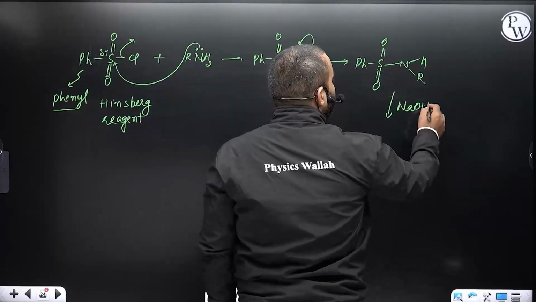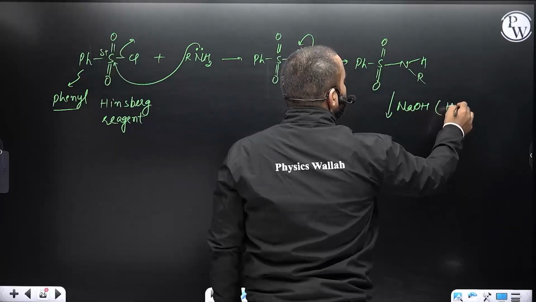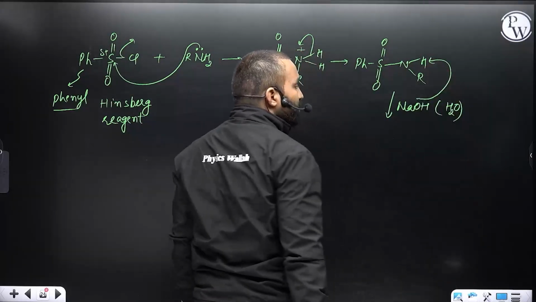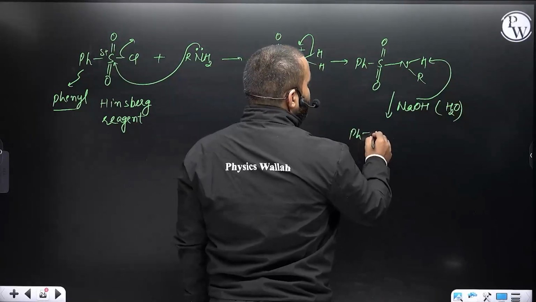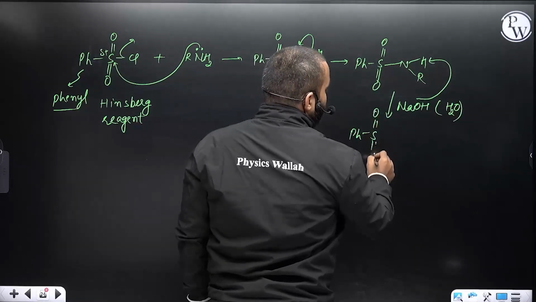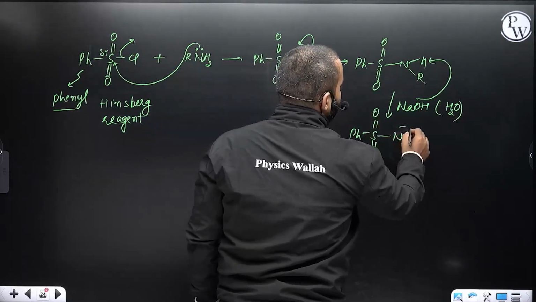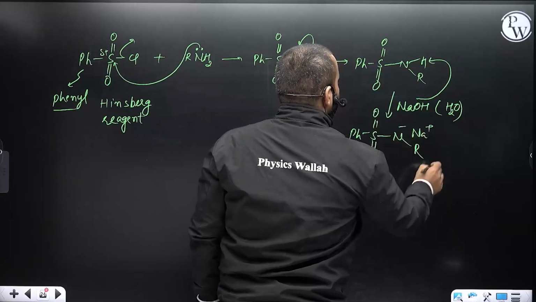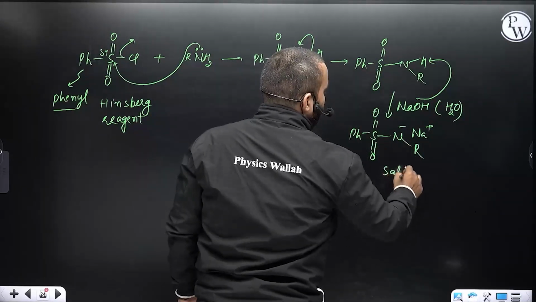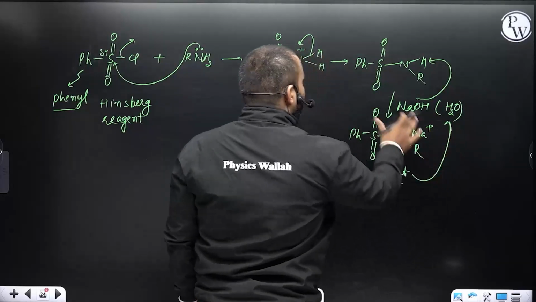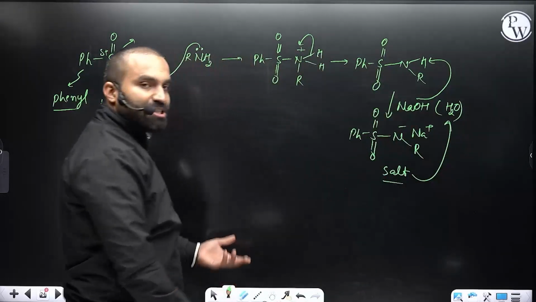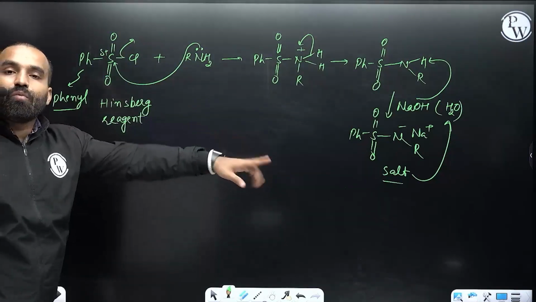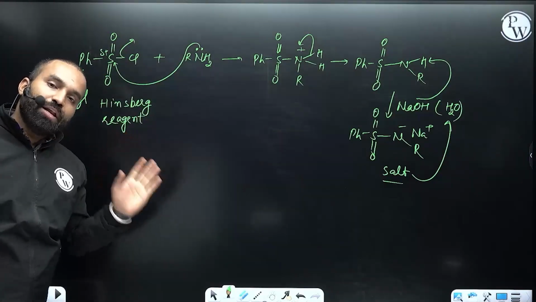If I react it with dilute NaOH, which basically contains water, NaOH is supposed to react with the protic hydrogen. This will form a salt, an acid-base reaction, giving N minus and Na plus. This is a salt, and salts are supposed to be soluble in water. The compound obtained from the reaction between Hinsberg reagent and primary amine is soluble in water. Understood?